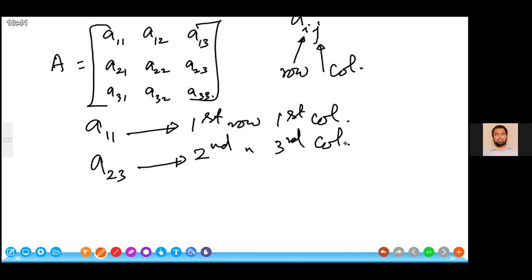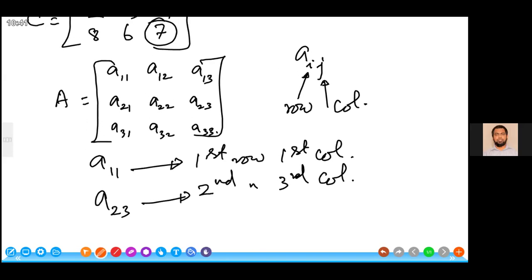Yes, sir. Is it possible to start the row and column count from 0? In computer science, we start the index from 0, so is it possible to use it in matrices?